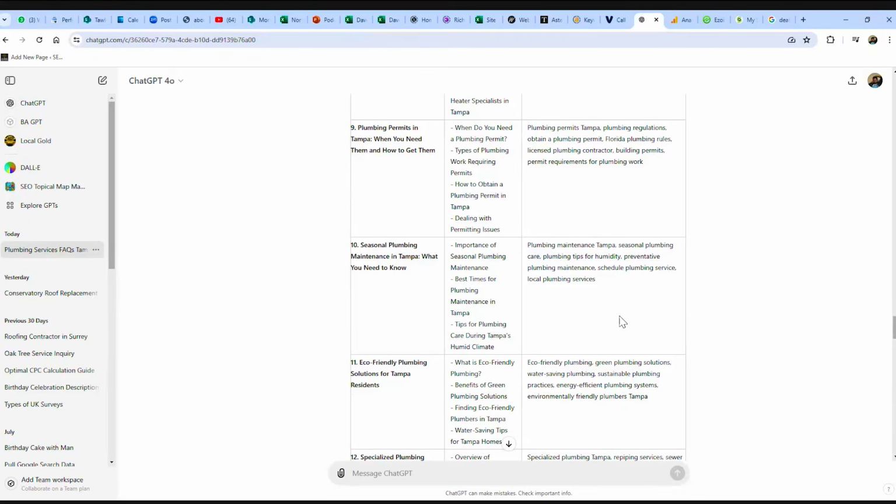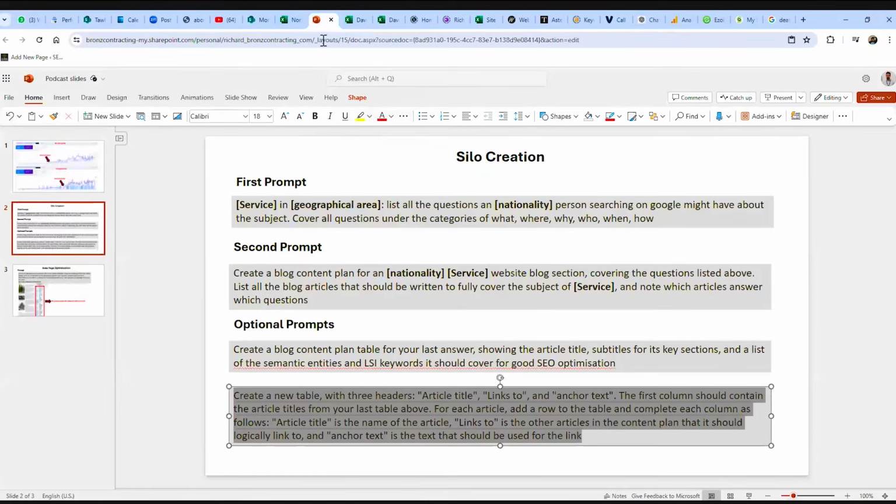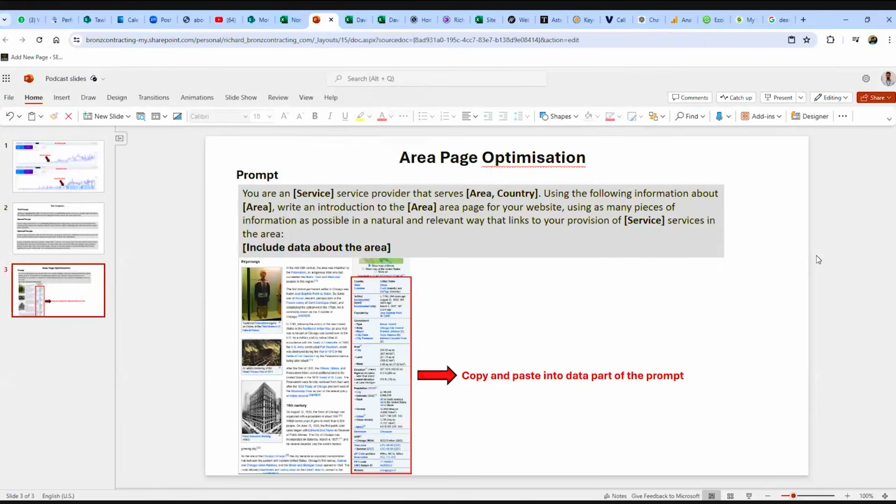And I believe you had one more slide, one more example you wanted to share. Yeah, the other one is about how I do area pages. Generally speaking, all the area pages in your site are going to be very, very similar. The way I do it, it's basically like a mini homepage.